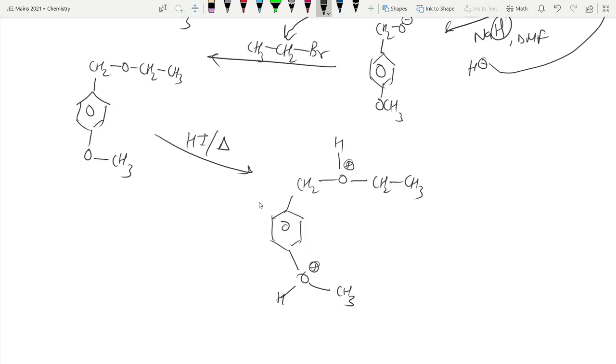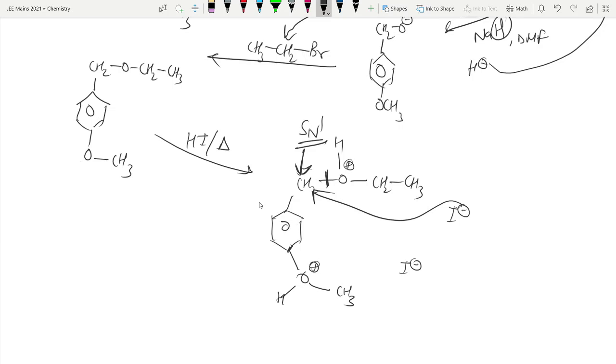And then the I minus can attack now, and I minus will attack at which side? Here you can see, if this bond breaks, you can get a very nice benzyl carbocation. So this will happen very easily, and this cleavage will be SN1, and then the I minus can join here.